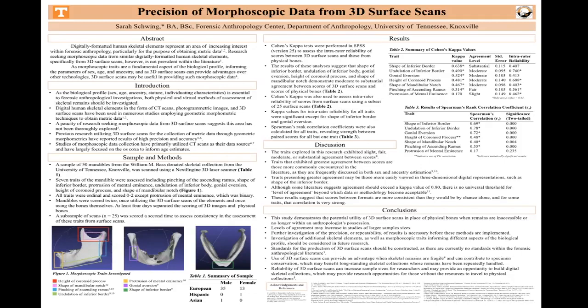So including a larger variety of skeletal elements in our research would be useful. Testing more methods. A lot of the same methods have been tested throughout the literature that exists. So increasing the methods that we look at would help. And once we do that, we can start to modify these methods and make them more useful for assessment of these virtual remains, because all of these methods were created using physical bones.